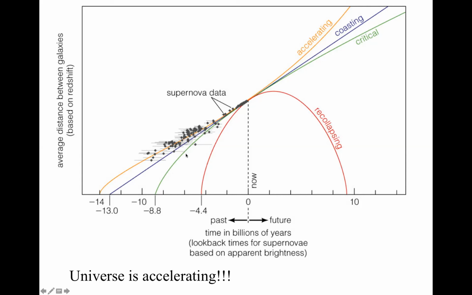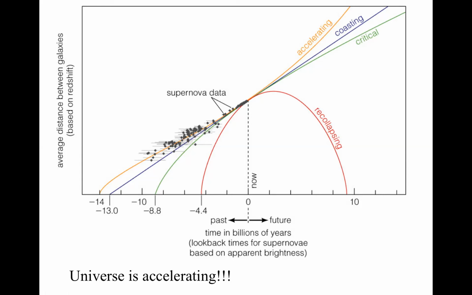There is a fourth possibility that we haven't even talked about until now, which is that maybe normal and dark matter are not the only constituents of the universe. And in fact, we happen to live on a curve that implies that not only is the universe expanding, but that expansion rate is actually getting faster. And we expect that this expansion rate will, instead of slowing down, actually accelerate.